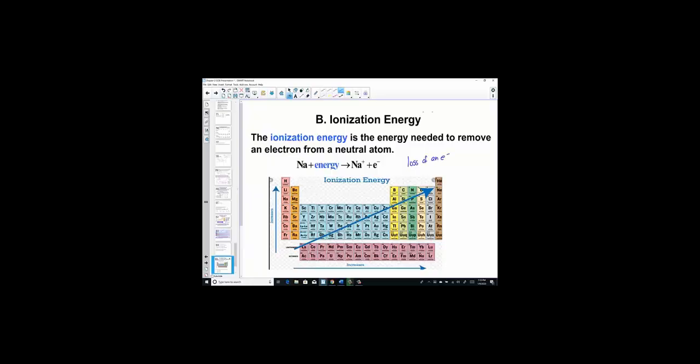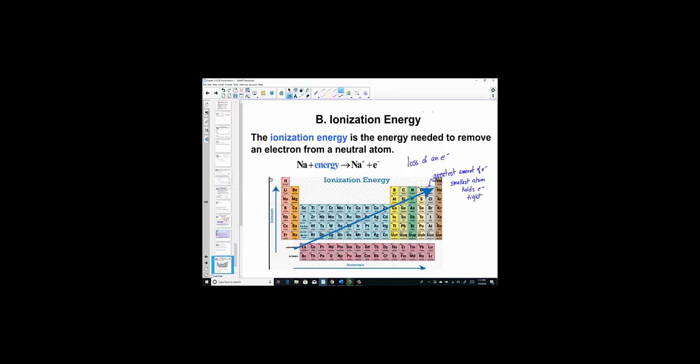So we notice that the smallest nonmetal, fluorine, takes the greatest amount of energy to convince it to let go of its electron. The little fluorine atom is holding tight, tight, tight to its electron. It does not want to lose an electron. The smallest atom holds it the tightest. Therefore, it takes the greatest amount of energy to remove it.